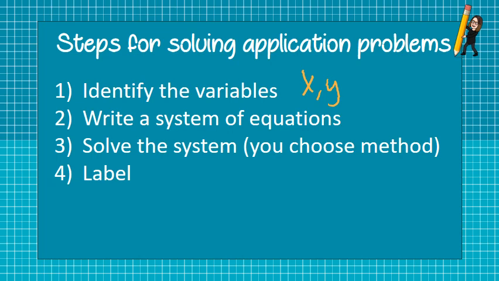The second step I recommend is to then take those variables and the values presented to you and write a system of equations. Okay, so to write a system of equations, typically you'll write them in standard form. So it'll look like an x value with a number in front, a y value with a number up front that creates a total value.